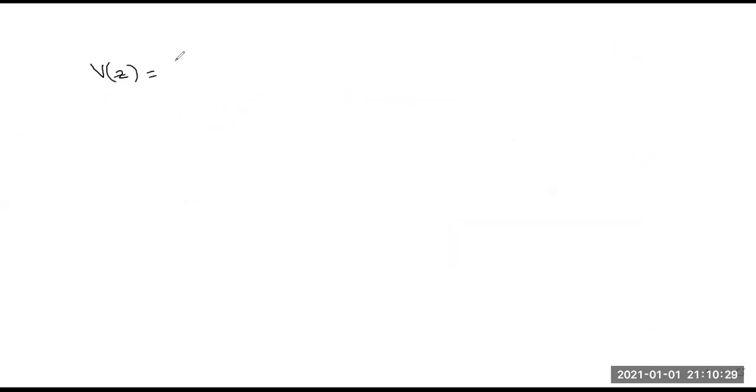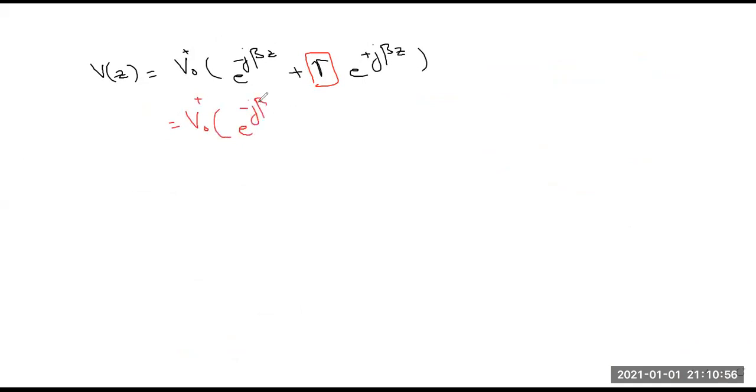So total voltage, which was represented in this manner, the alternate form. So this is equal to -1. So we get V0+ (e^(-jβz) minus e^(+jβz)).